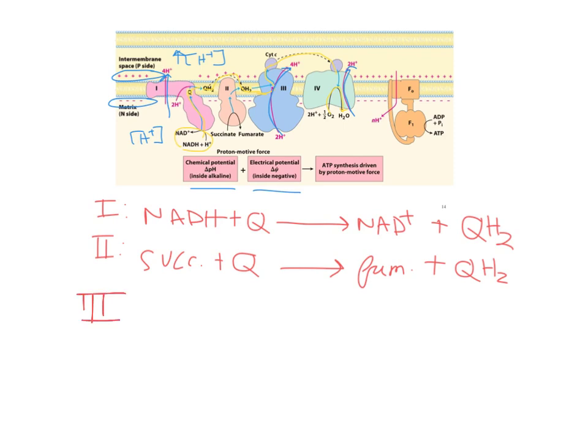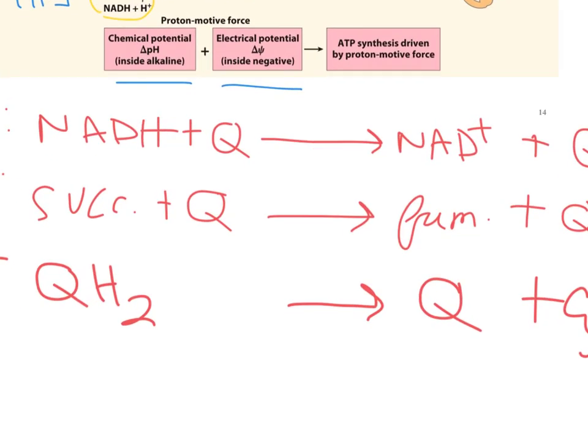Complex 3, electrons start at a QH2, which means QH2 is oxidized to just regular Q, and is passed to cytochrome C, which will be an Fe2+, which means I have to add in the cytochrome C mobile electron carrier Fe3+.